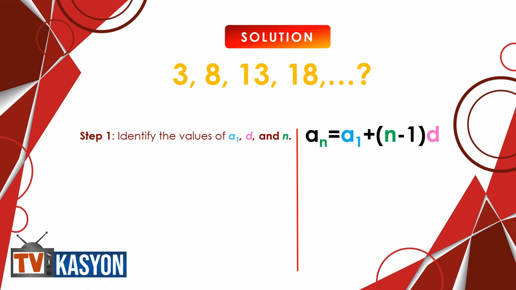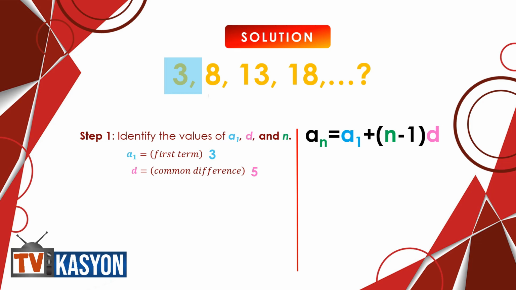So, what is the value of a sub 1? Very good. It is 3. Why? Because it denotes the first term of the given sequence. How about the value of d? Great! It is 5. Why?